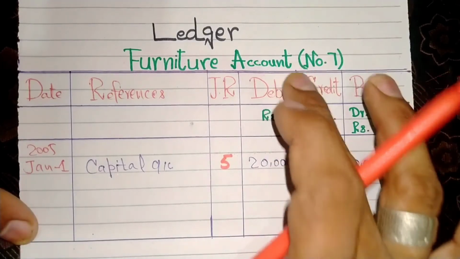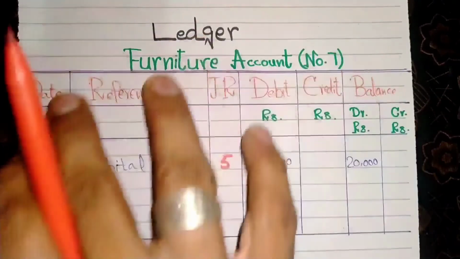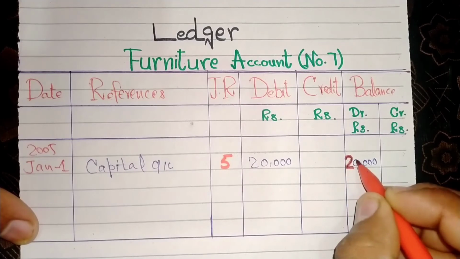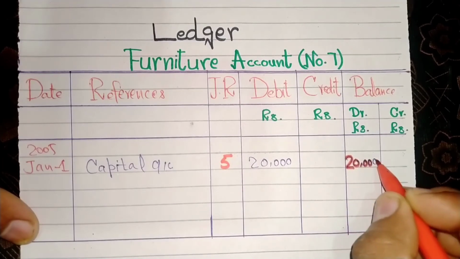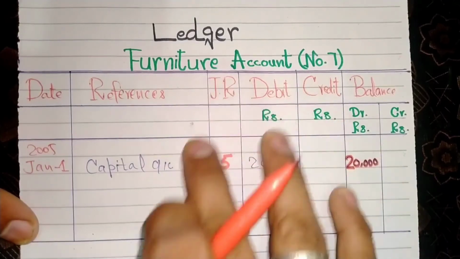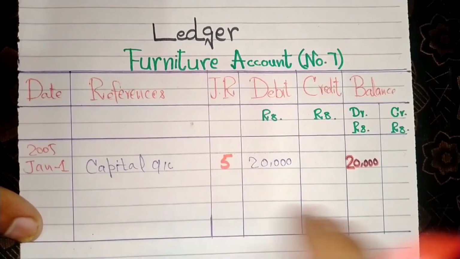So the furniture account has a single entry in the whole journal. So ultimately this was the debit balance of the furniture account. The ledger of the furniture account in the self-balancing form has been completed here.